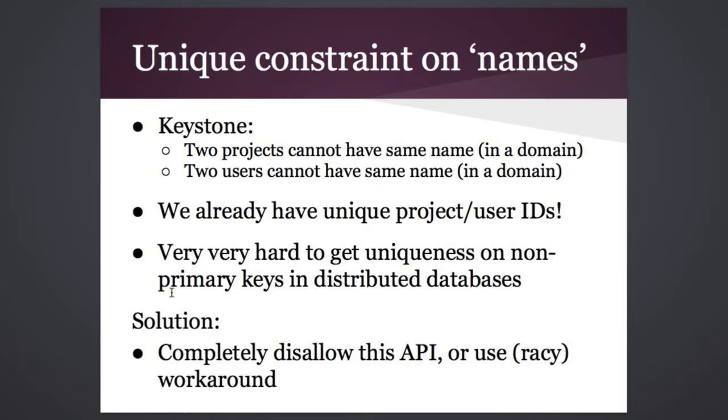Actually, changing that field was the bigger problem. Changing a unique field which is not the primary key is a problem, and that's why we just block the API. Or we can use a workaround, but again it's going to be racy. So we thought we'd just disallow that API completely where we change the names.